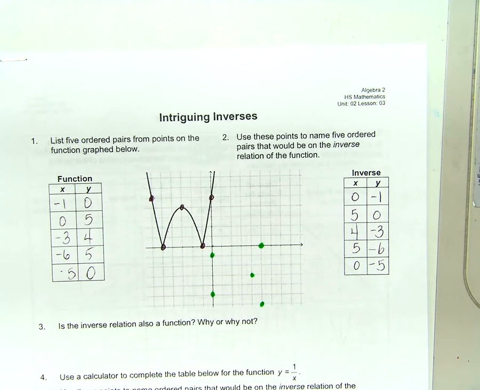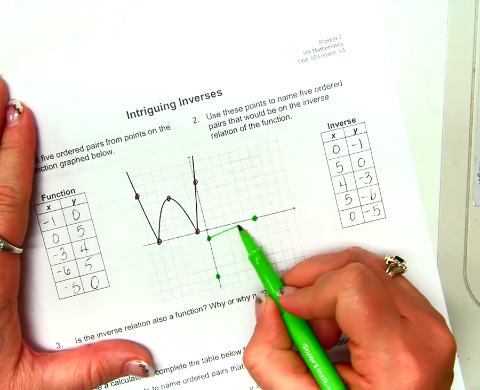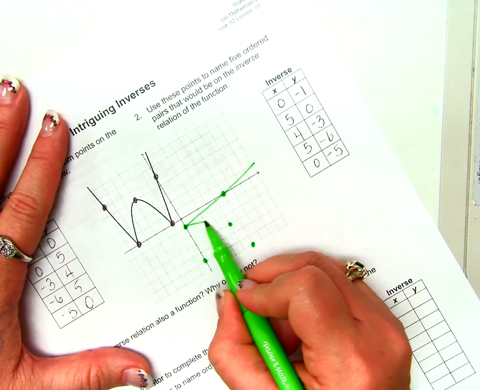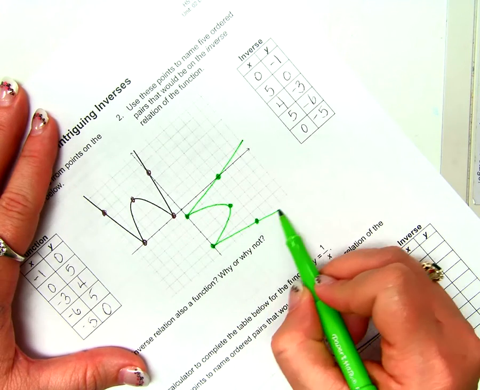We did work on that yesterday. Yeah, the line y equals x. It reflects across the line y equals x. So I need to connect these two. This is a little roundish. And then I need to connect these two, right?